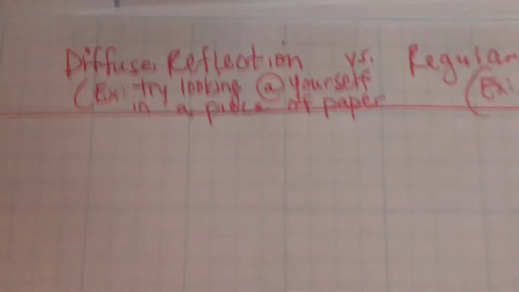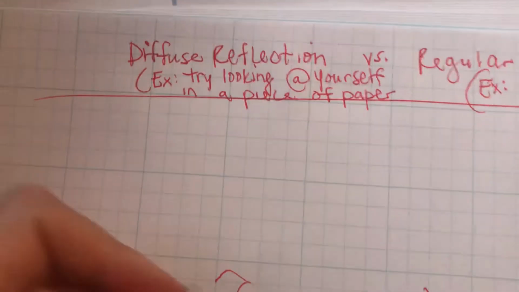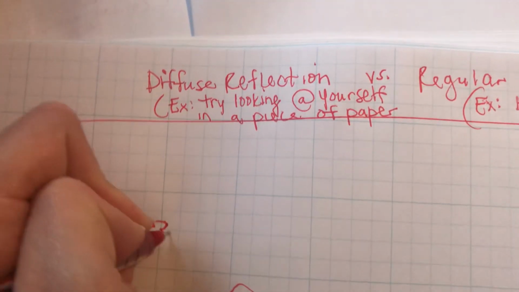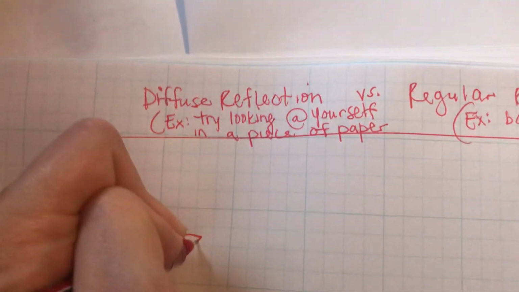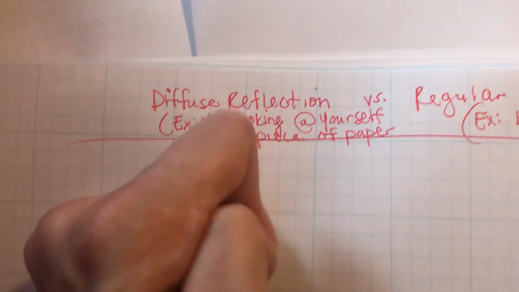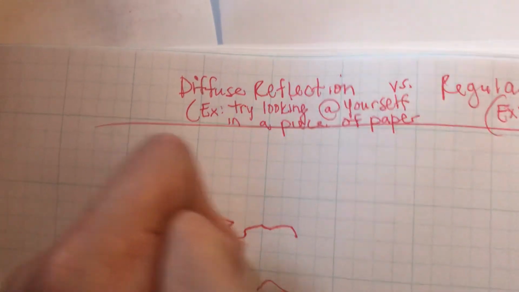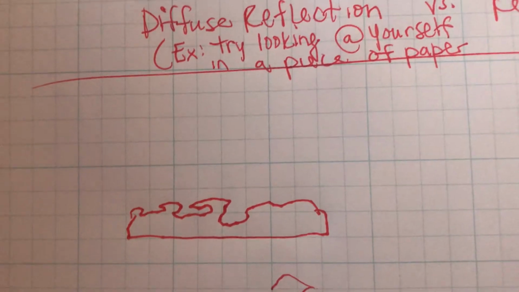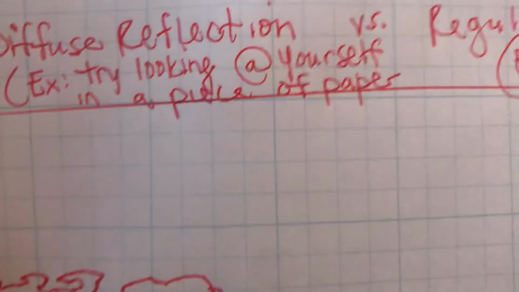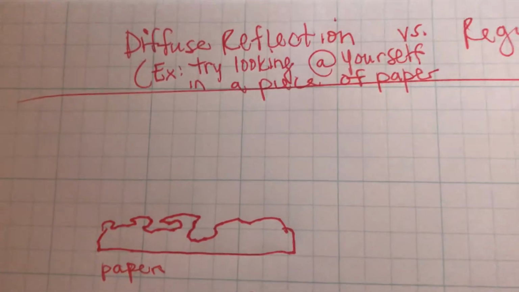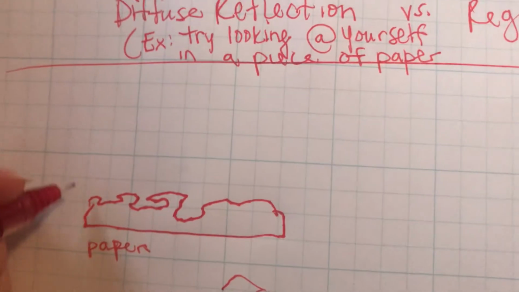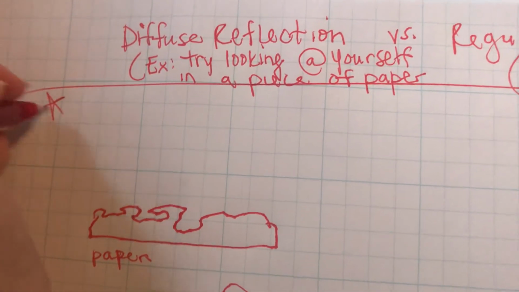Okay? The difference is, in diffuse reflection, you might have a surface that is actually very irregular. So I'm going to do my best to draw a really irregular looking surface, which you would find if you looked on a microscopic level at a piece of paper. Okay? So here is a paper under a microscope. Now, what you will notice with a piece of paper is as the light strikes it, let's say we have a light source right over here.